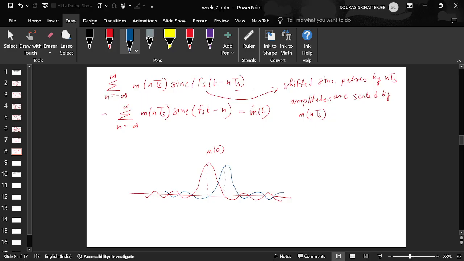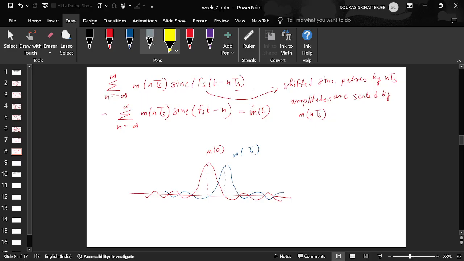And this is the part where it's m(nTs), sorry, not nTs, only Ts. And you can see the contribution of the sinc pulse corresponding to n0 is 0 in this particular case, where we are sampling corresponding to the sinc pulse for the first fundamental period. And this similar behavior will be observed for other sinc pulses also.